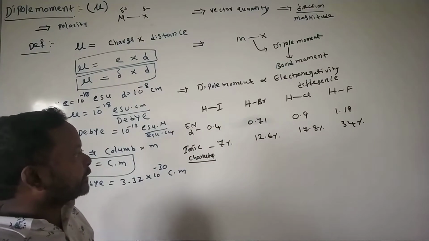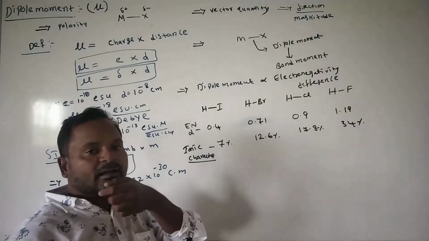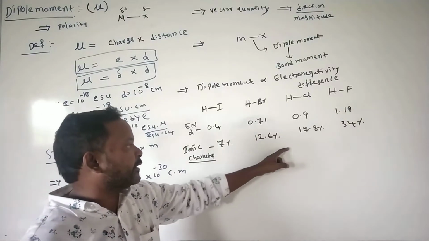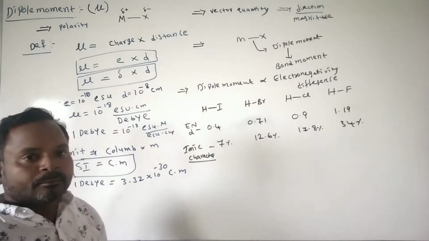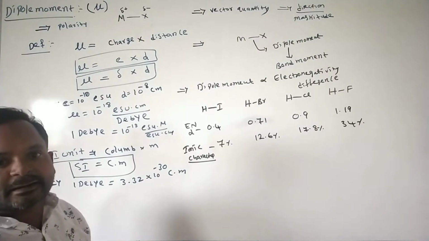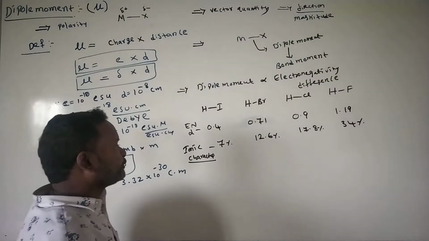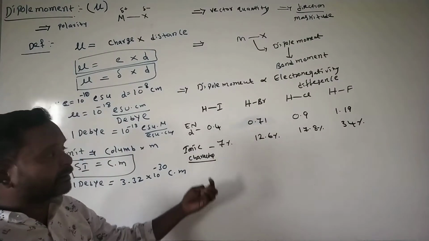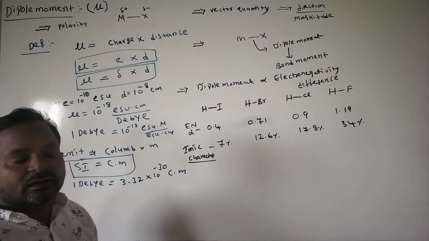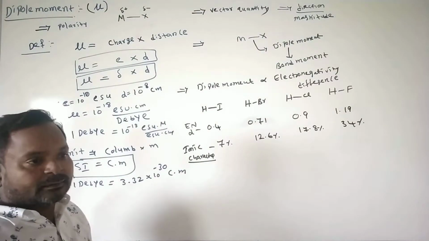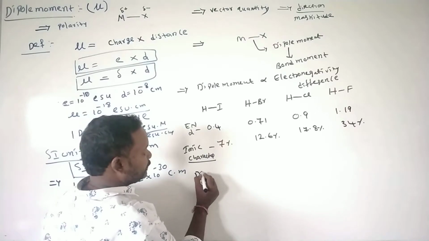That means by increasing the electronegativity difference, ionic character increases. By increasing the ionic character, the dipole moment values also increase.